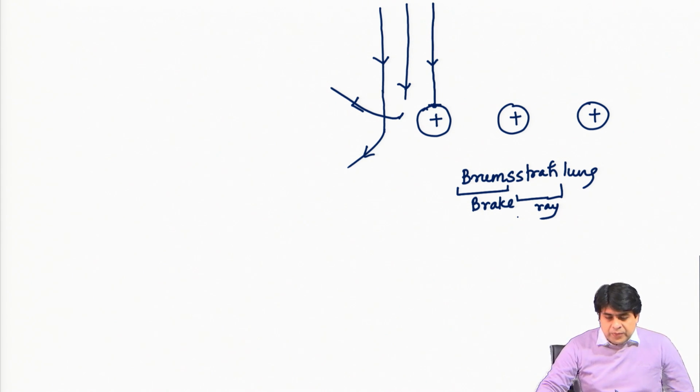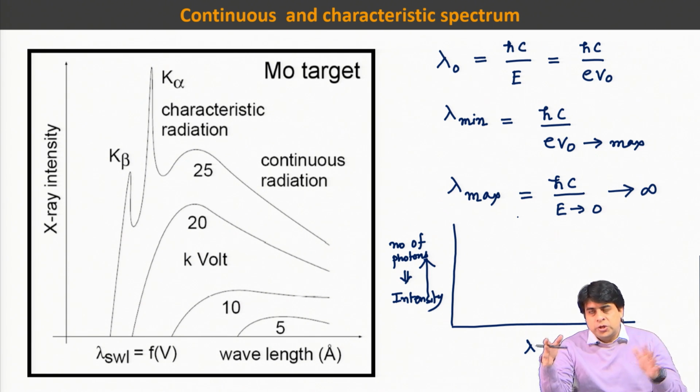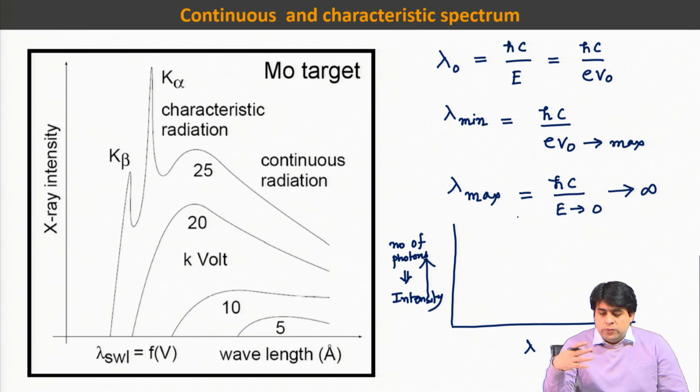So, basically when you supply a certain current to the gas discharge tube, because you are supplying a current, the current will produce a number of electrons.